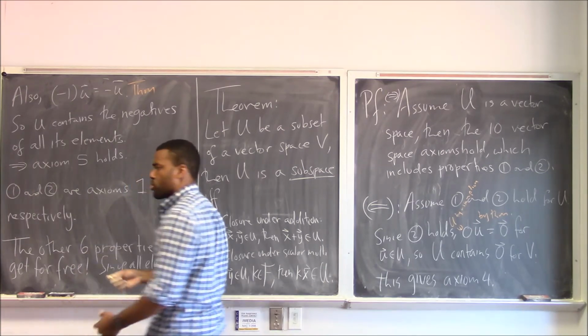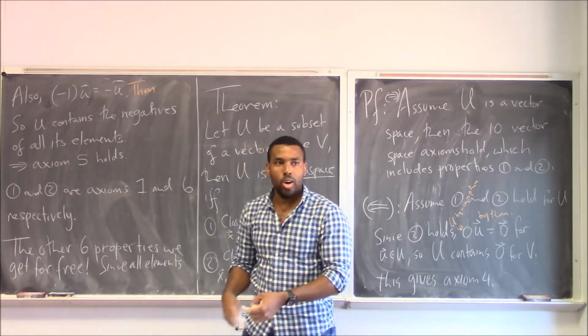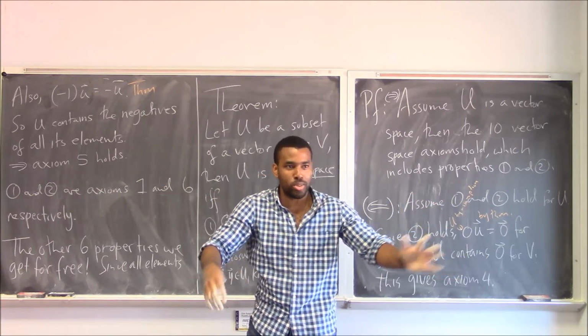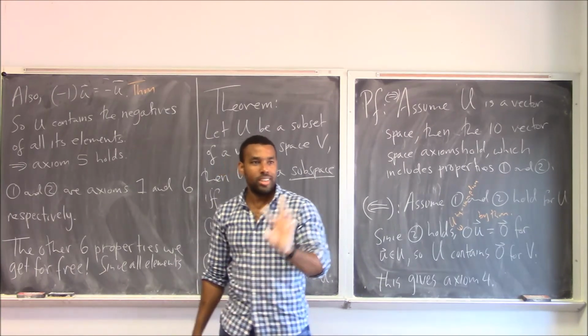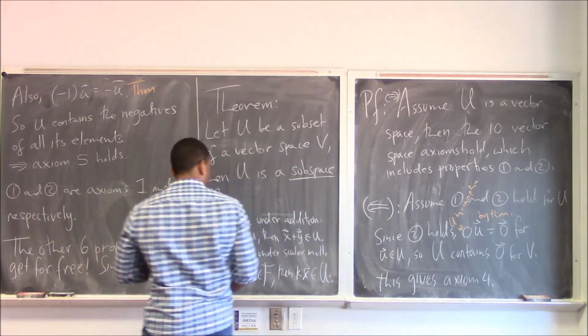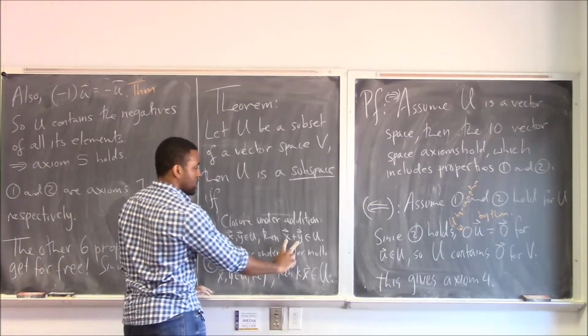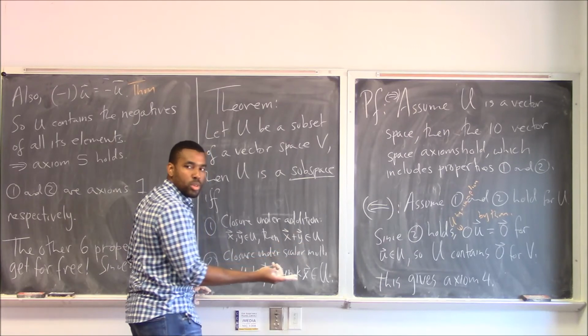So you notice that the other rules, they don't deal with the existence of some guy that we don't know about yet. Oh, there must be a zero vector out there, let's go search for him. The other rules are just about how this thing behaves, right? They will be commutativity, for example. I know that things in U must commute because they're elements of V, and the elements of V commute. So I get that for free.